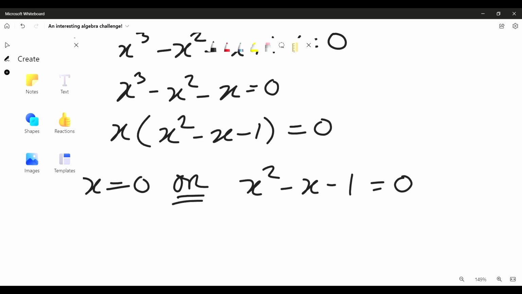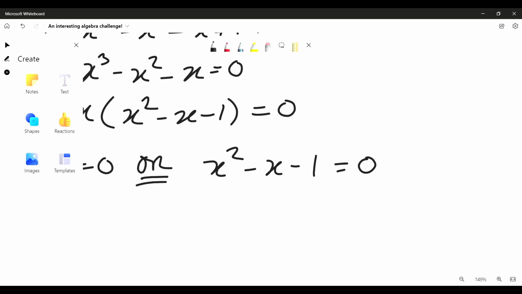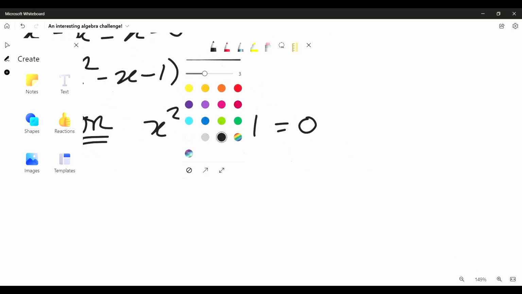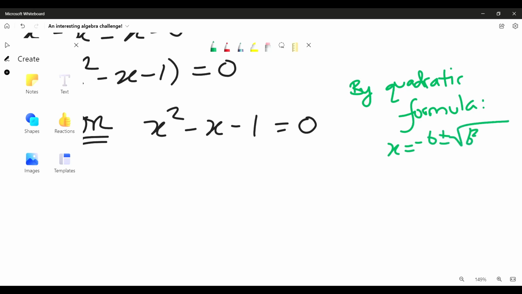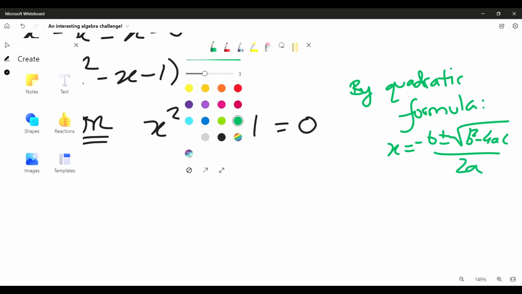By the quadratic formula, just to remind our memory again, x is equal to minus b plus or minus root of b squared minus 4ac over 2a.